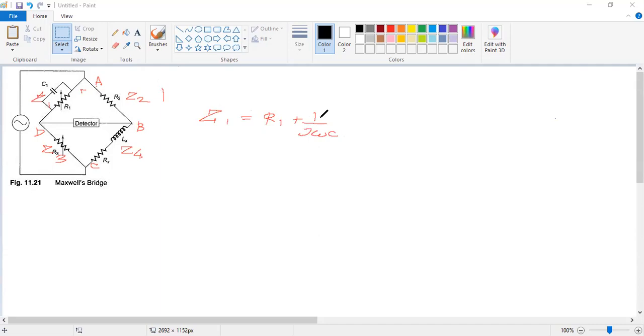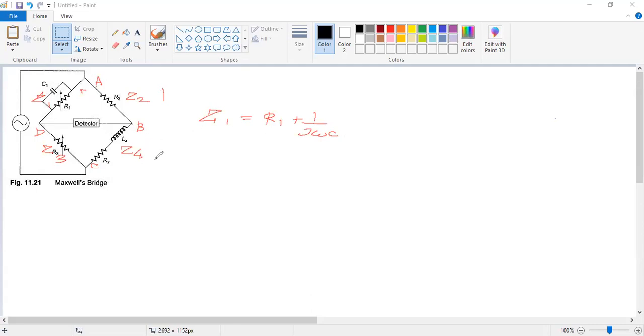Okay, and you can find that if the bridge comes to the balanced position, or the detector has no deflection, then only this impedance and this impedance should be equal.